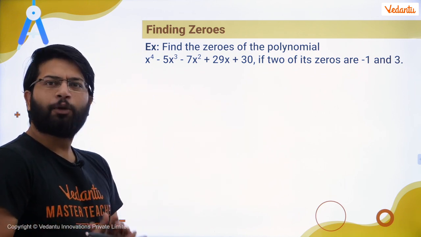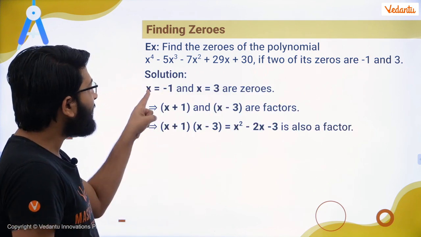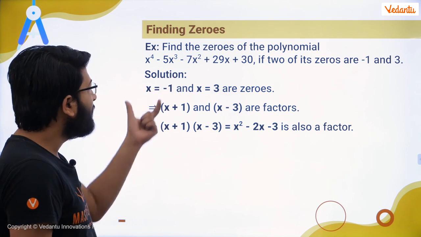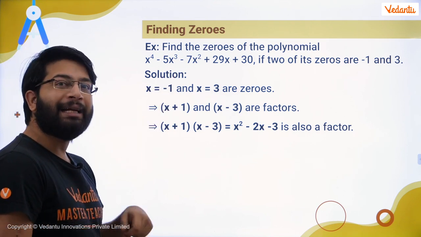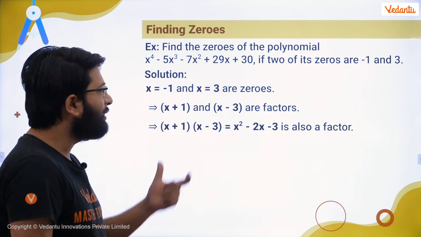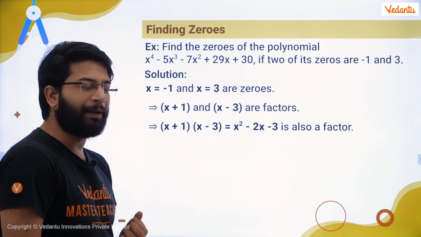With the help of the factor theorem, if x equal to minus 1 is a zero of the polynomial, then x plus 1 will be a factor, and in the same way, if x equal to 3 is a zero, then x minus 3 will be a factor.